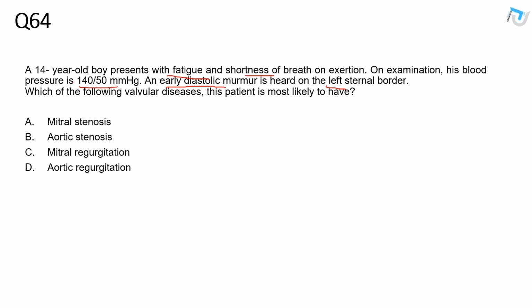So here, the shortness of breath and the fatigue tell us that the problem is mostly on the left side of the heart. Involving the left side means it's either mitral or aortic. It's an early diastolic murmur.